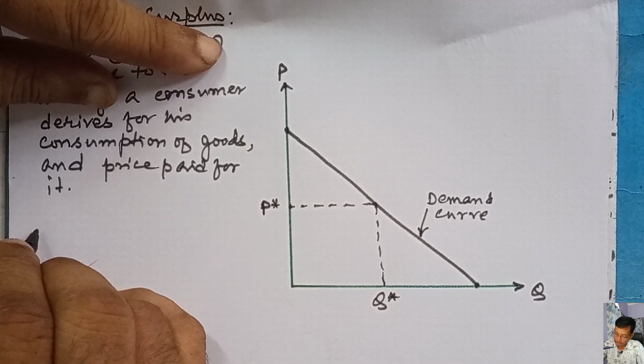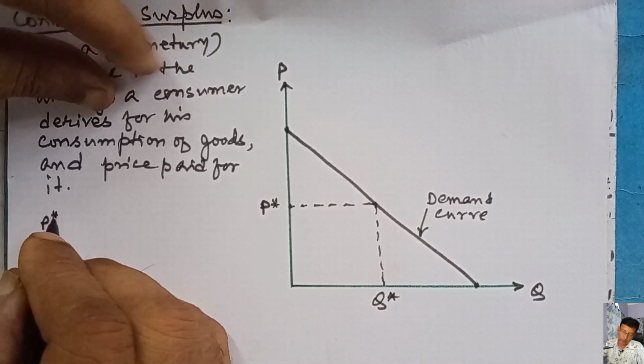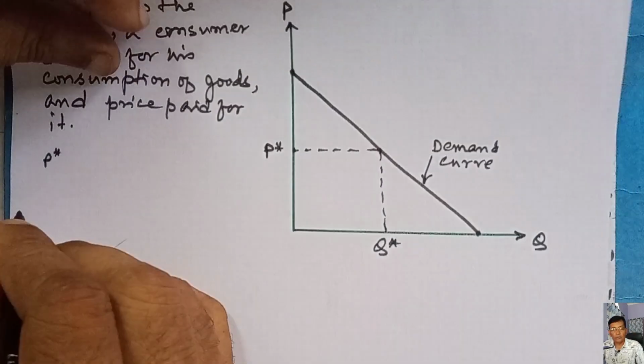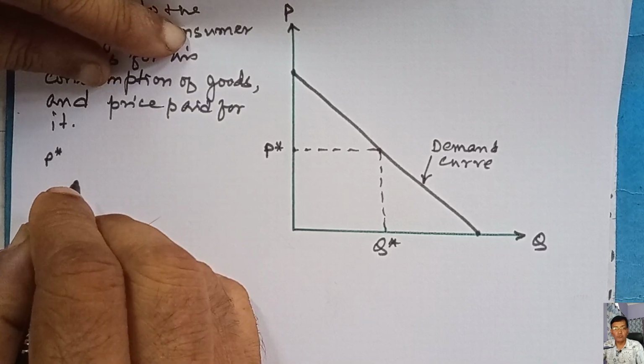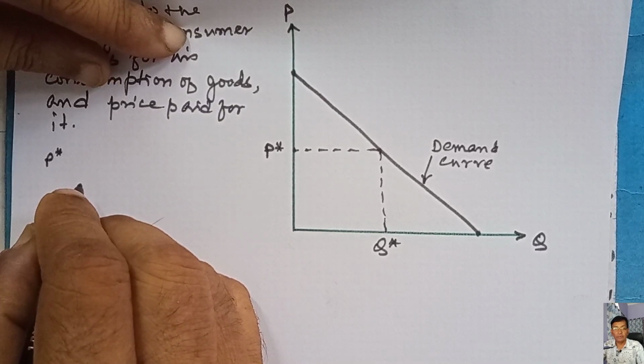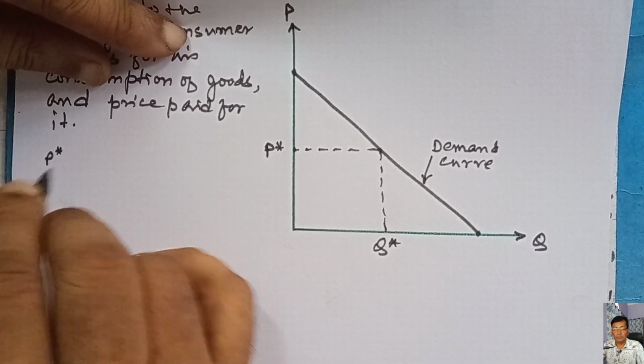So here P star is the price and Q star is the quantity demanded at the price P star.